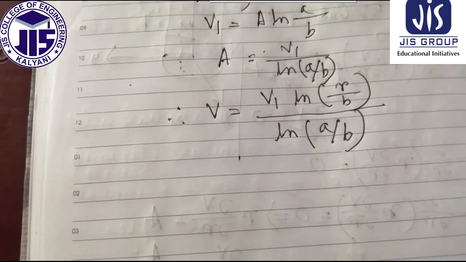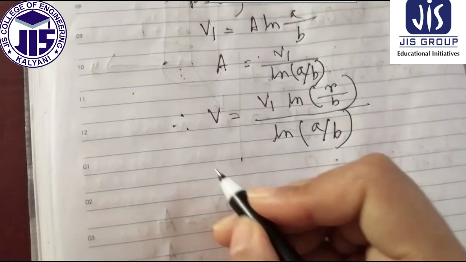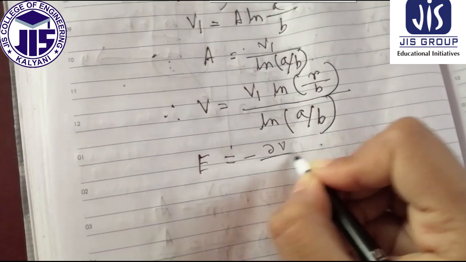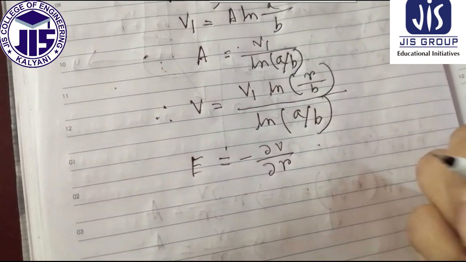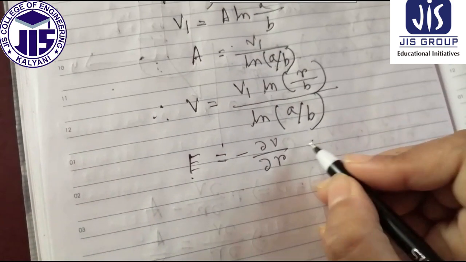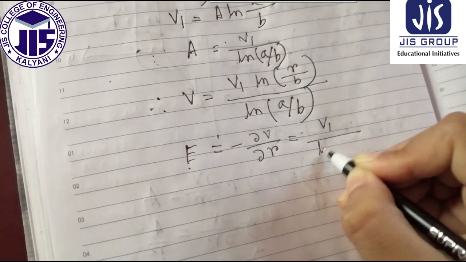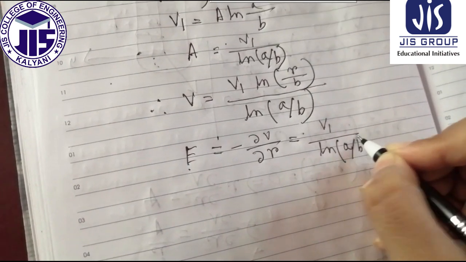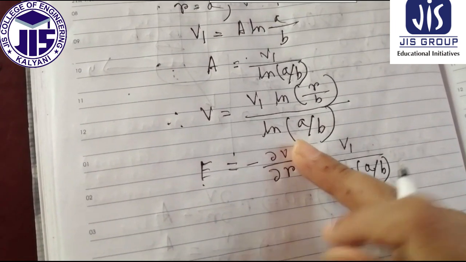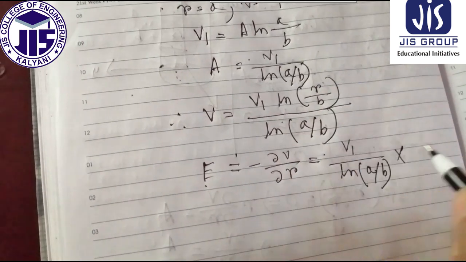Now from V, what we can get is the electric field E. What is the relation between the electric field E and the potential V? E equals minus del V by del r. V equals V1 ln of a by b, which will be out of the differentiation since it is constant, into del r of ln r by b.